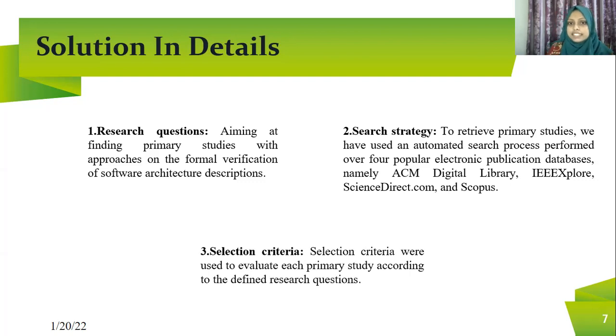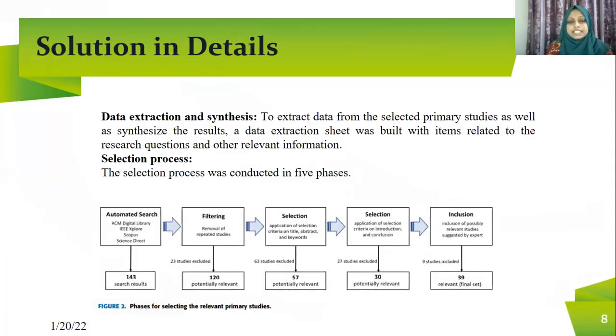Then third is selection criteria. Selection criteria are used to evaluate each primary study according to the defined research question. Now, data extraction and synthesis, to extract data from the selected primary studies as well as synthesize the results. A data extraction sheet was built with items related to the research question and other relevant information.